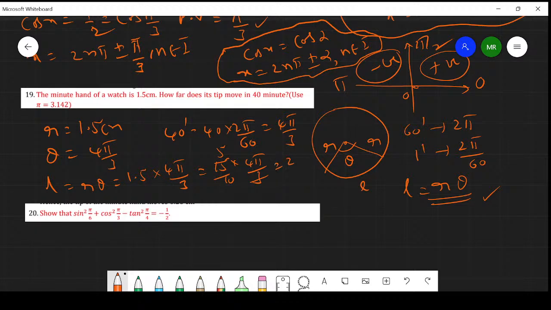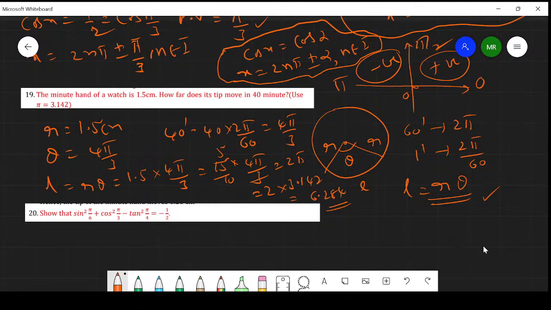Pi value we know, 3.142 is given. You write 2 into 3.142, you multiply this, you get 6.284. You can simplify like this, we can solve this.